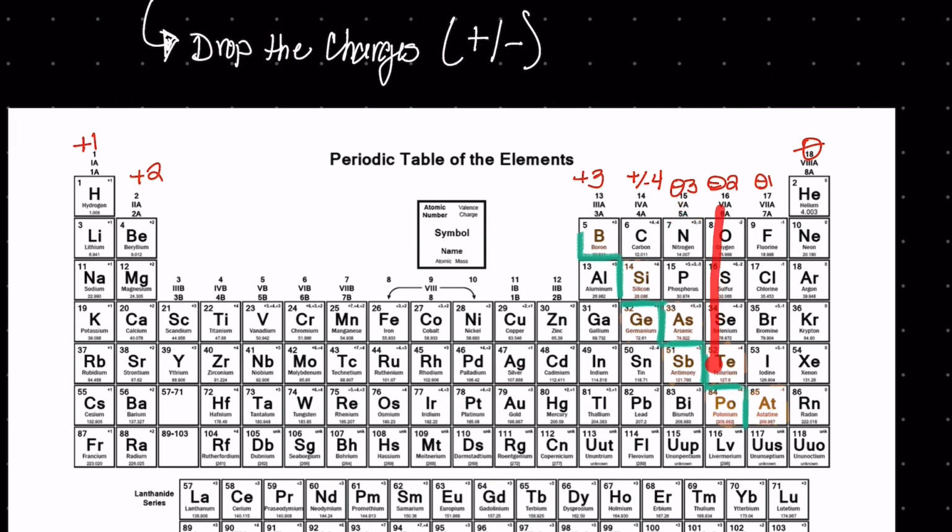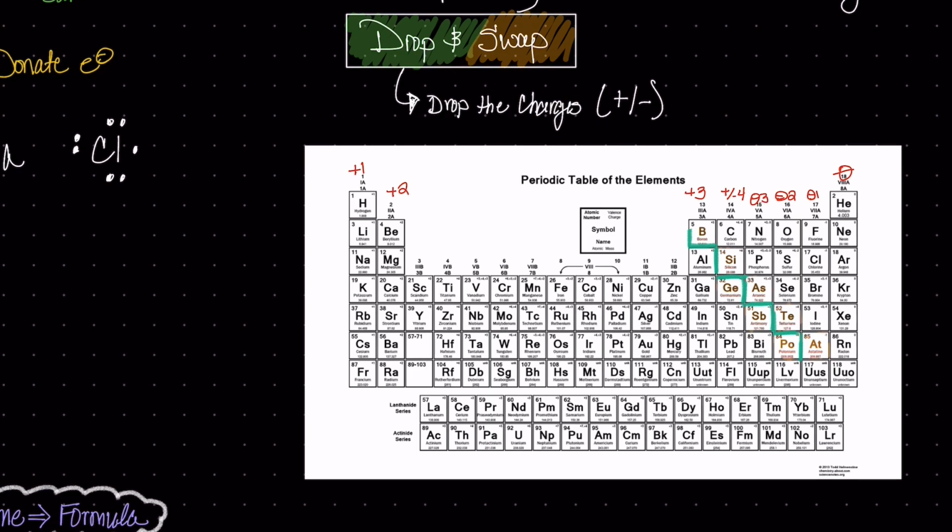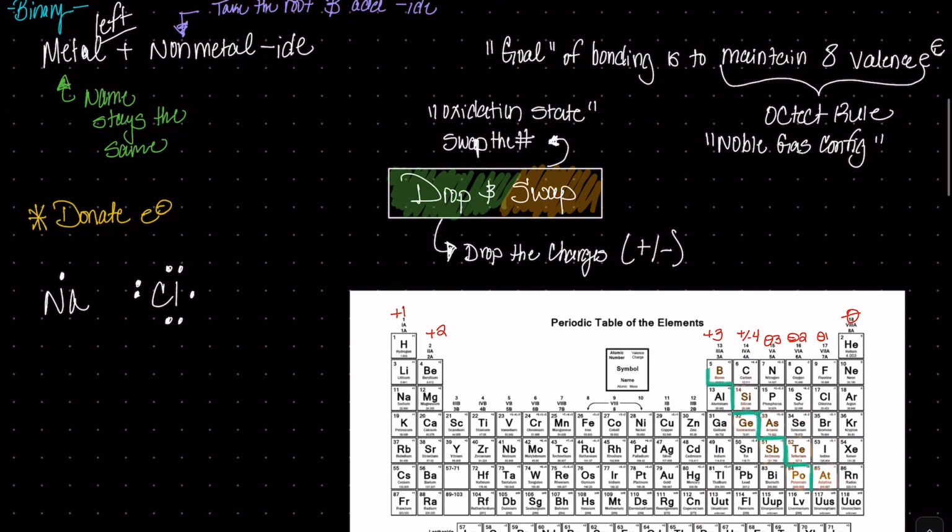And then I only need 2 more to gain in with my oxygen family because I'm at -2, because I have 1 space, 2 space, and I'm looking like this. Then my halogens here, I only need to take in 1 extra one to look like them, so I'm having a -1 charge. And when I say drop and swap, this information, the charge, the plus or minus, goes away, and all we're dealing with are these oxidation numbers right here.